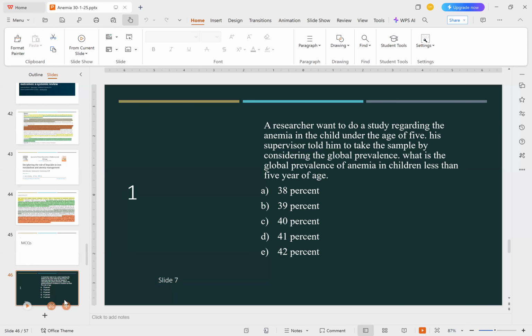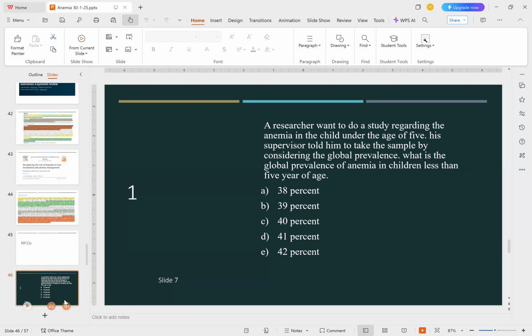A researcher wants to do a study regarding anemia in children under the age of 5. His supervisor told him to take the sample by considering the global prevalence. What is the global prevalence of anemia in children less than 5 years of age? A, 38%.